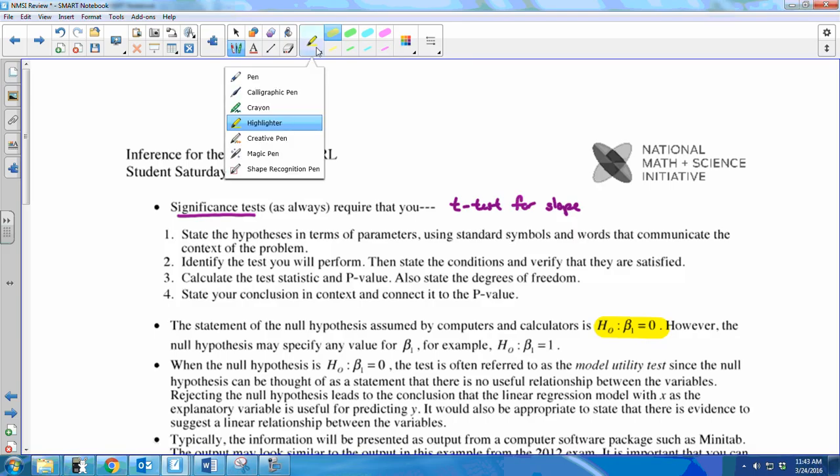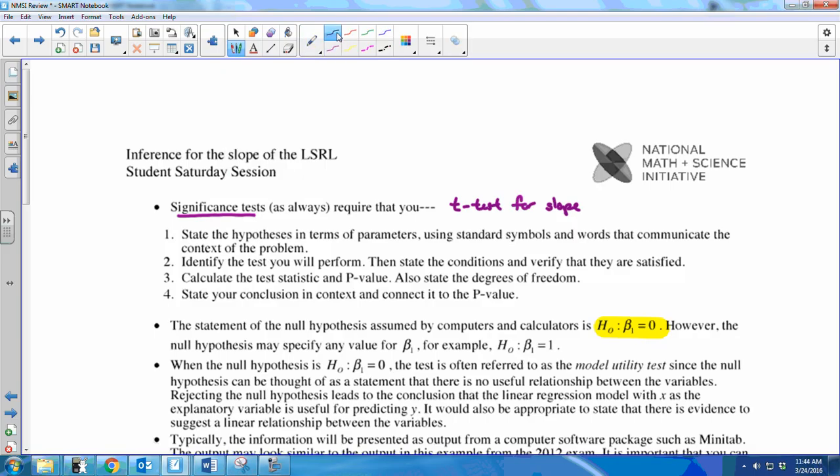For the alternative, this is very important. Again, you're basing this off of a computer output. The computer outputs always set up the test so the alternative is not equal to 0. Right? They're calculating the p-value for you in the computer output. So the computer is doing the test assuming that the alternative is not equal to.